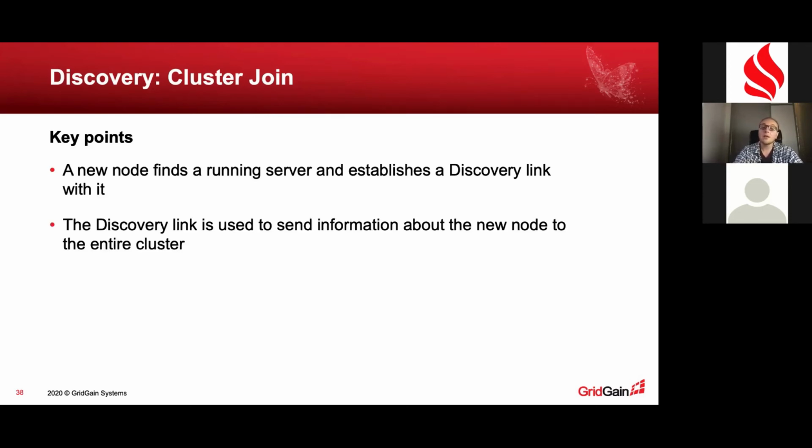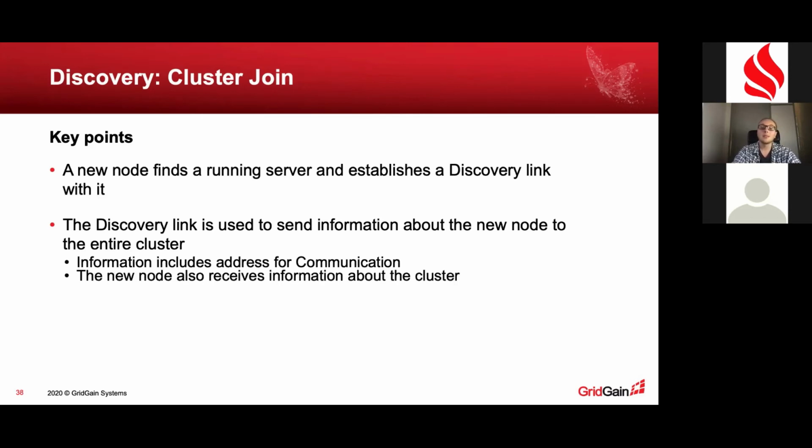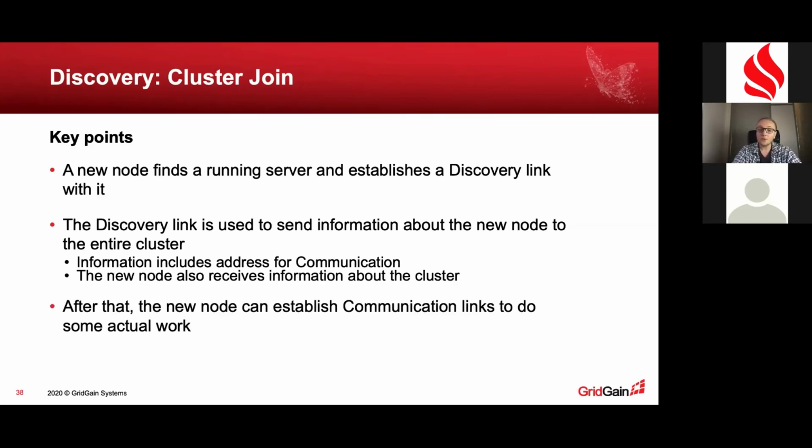Then discovery is used to exchange information between that node and the cluster, so that all nodes have enough information about each other in order to establish communication links. After that, the discovery link is already operational. Communication is ready to be operational because all nodes have addresses of each other, and the cluster join is complete.